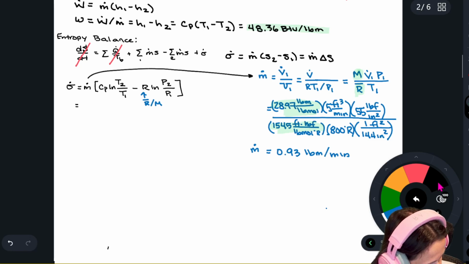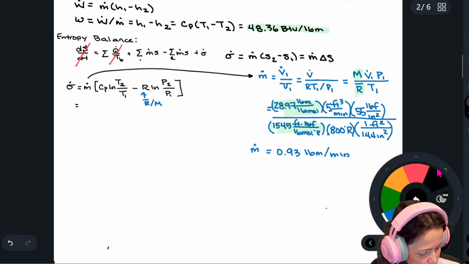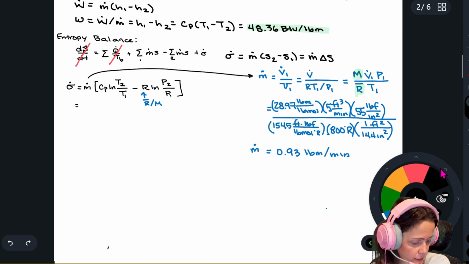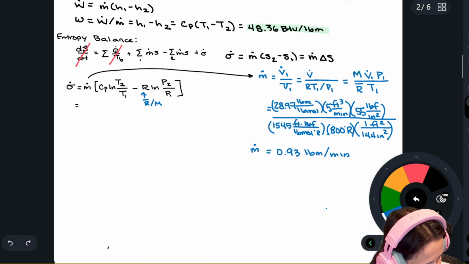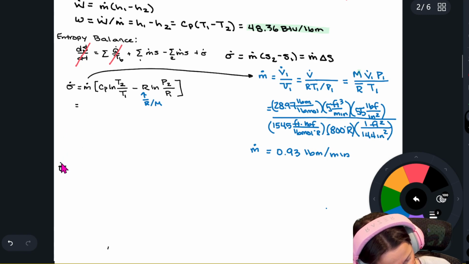Let's make sure we've got the right units plugging in here.